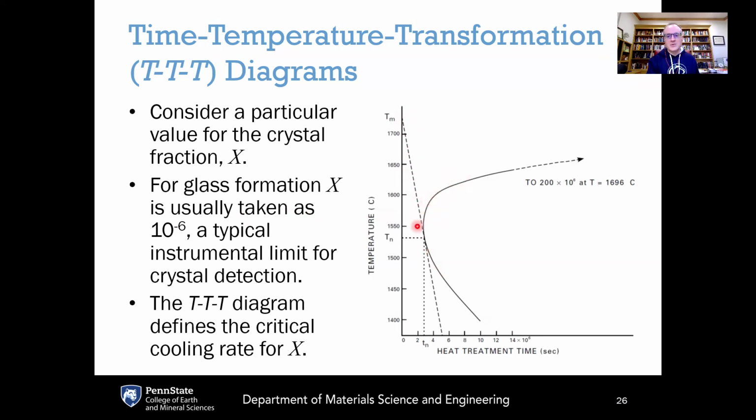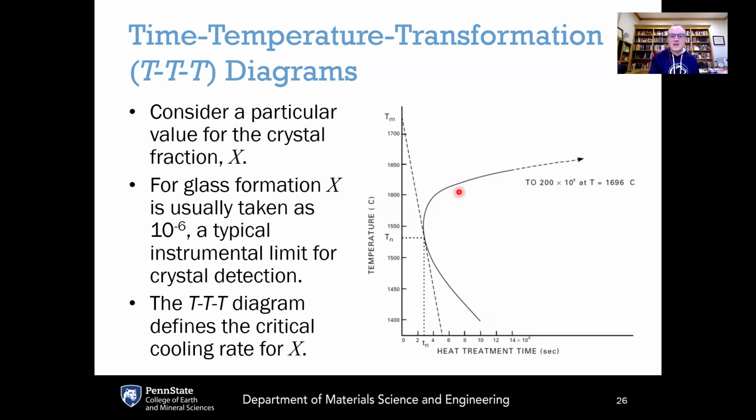So if this contour is, for example, 10 to the minus 6, if you had this cooling path going from Tm down to room temperature that exactly touches that, that would give you the desired volume fraction of crystallization. And then the slope of this curve gives you the cooling rate that you need to achieve that level of crystallization. So these time temperature transformation diagrams are useful to tell you how fast you need to cool something to keep crystallization at a particular level.